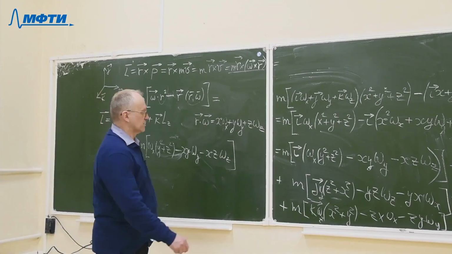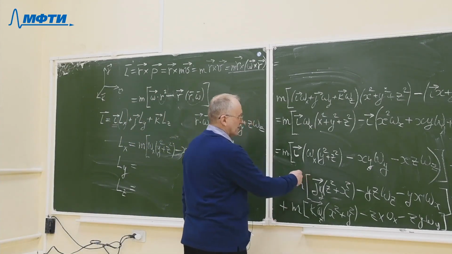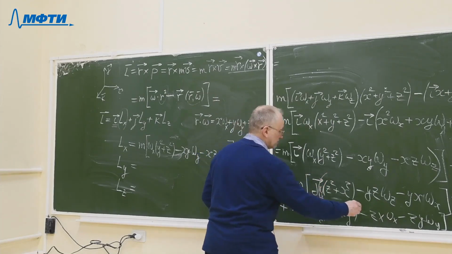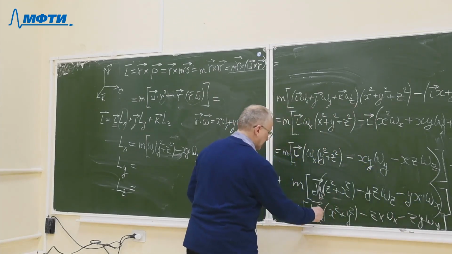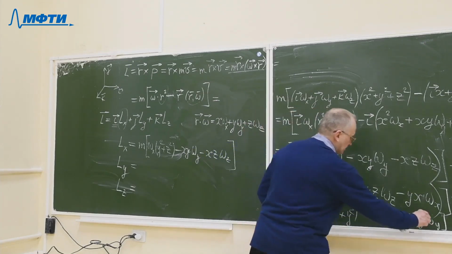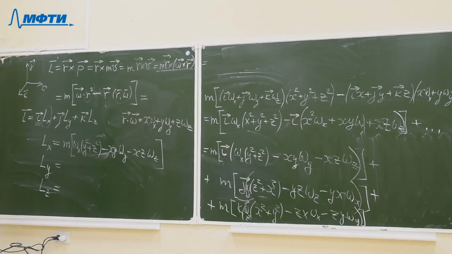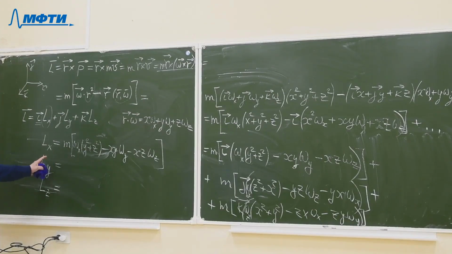Now, certainly there should be another round bracket like here, so that all this should be a coefficient at j vector and all this should be a coefficient at k vector. Certainly, yeah. I'm not attentive enough, not careful enough.